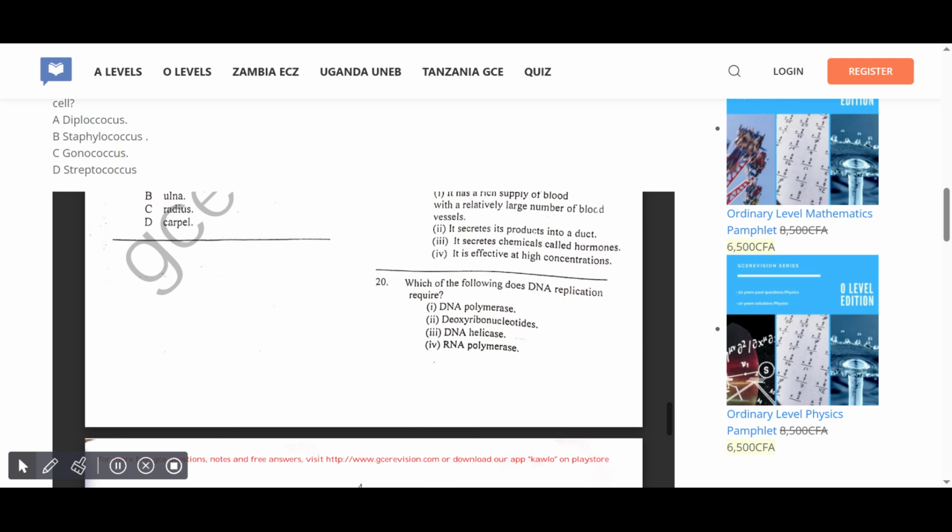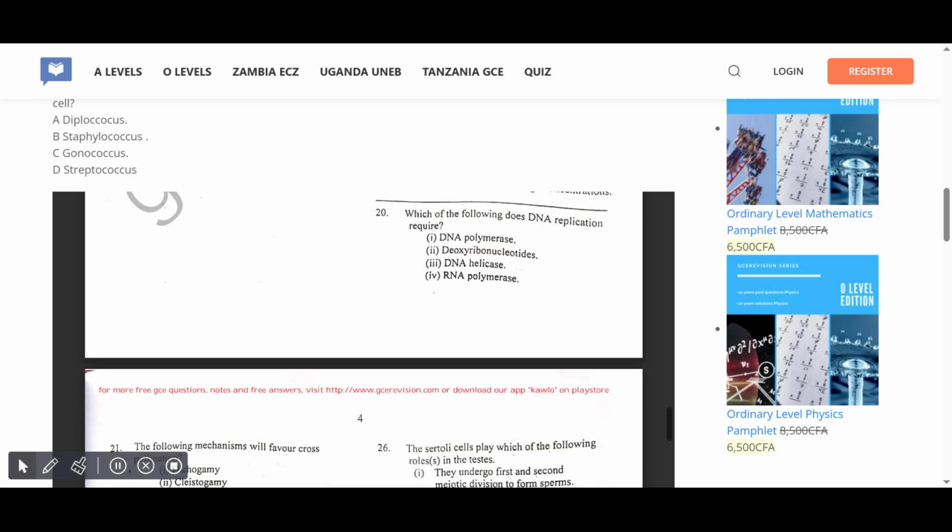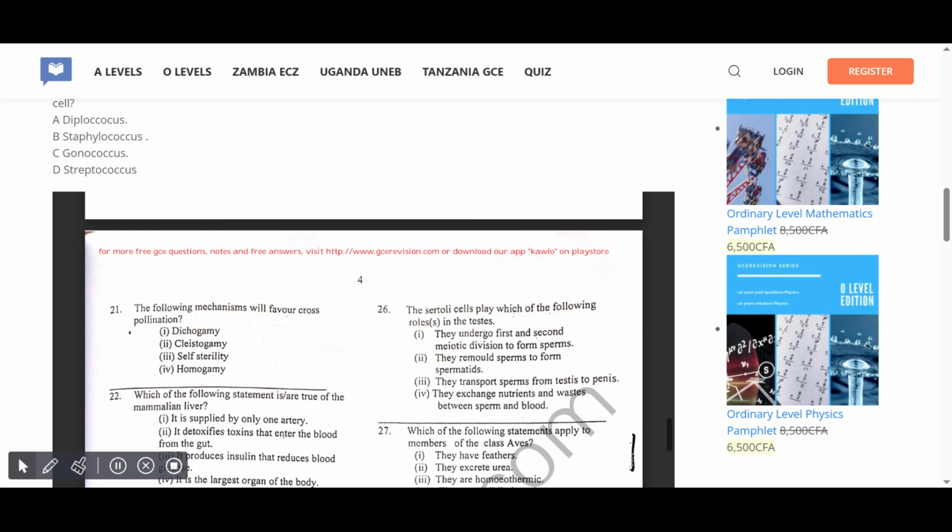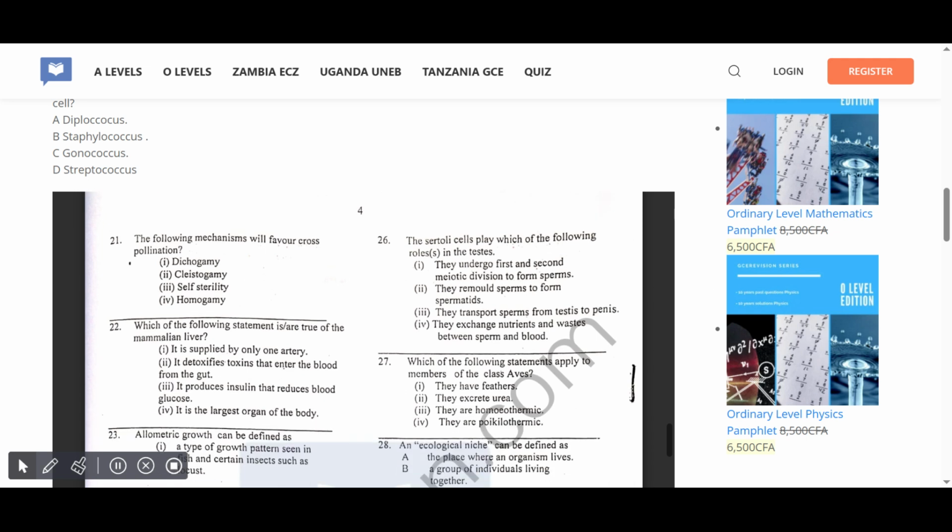Question 21. The following mechanisms will favor cross-pollination. The answer is B. Question 22. Which of the following statements is or are true of the mammalian liver?